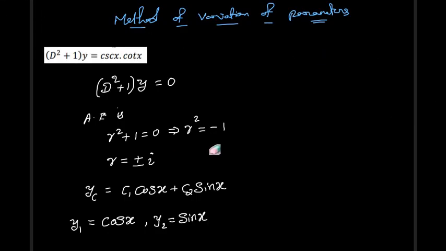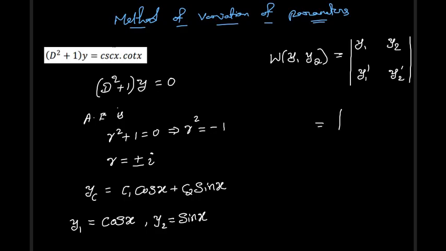So now after this, we need to find the Wronskian of y1 and y2. Let me write the formula first. You write y1, y2, and its derivatives, y1 prime and y2 prime.